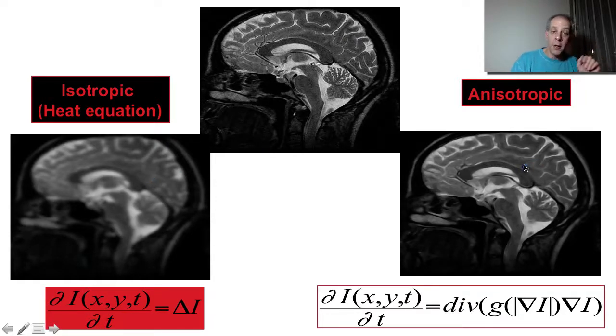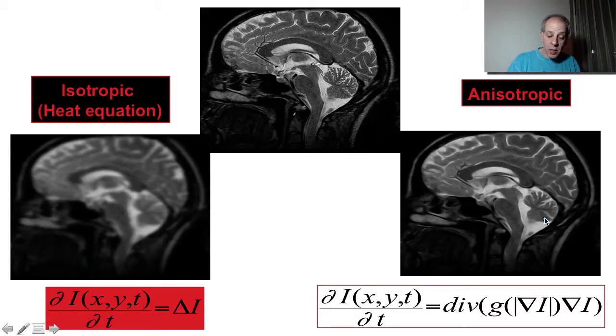On the other hand, if we try not to blur, and only mix pixels on the same side of the boundary, then we get a much sharper result. We still see that we have removed noise inside the object, inside the gray matter of this MRI picture of the brain. We see that it's much smoother, but we are still preserving the boundaries very nicely.